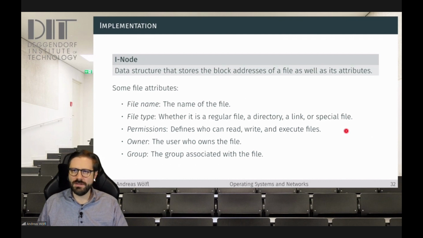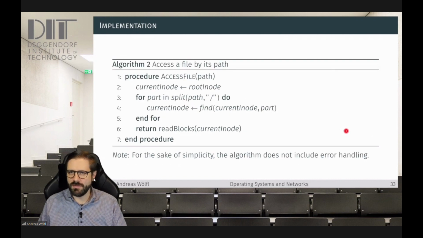So what does the operating system do when accessing a file by its path? This is described by this pseudocode algorithm here. So given a path, how does the operating system find the contents of this file described by the path? And this works as follows.